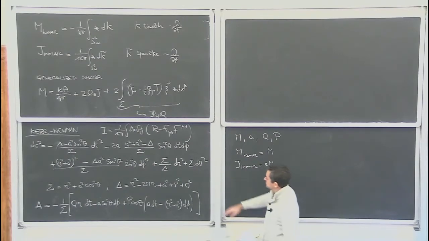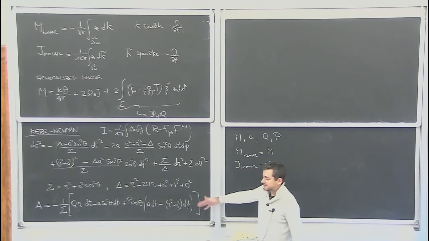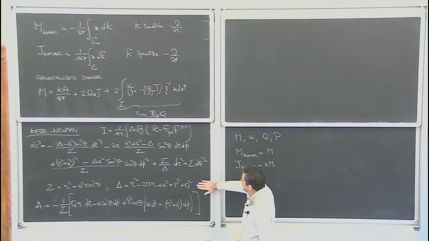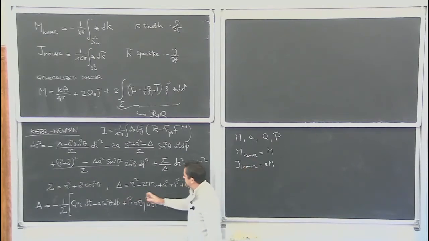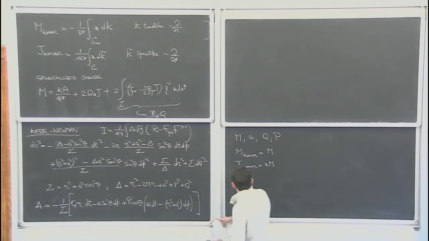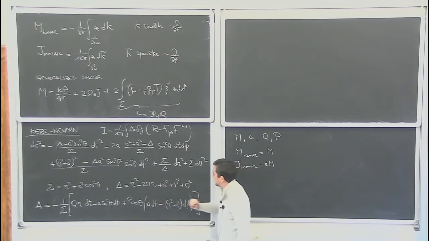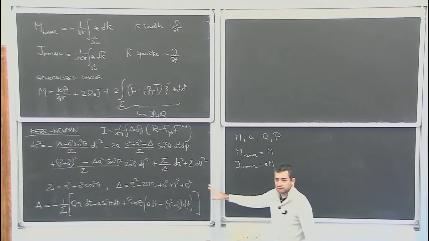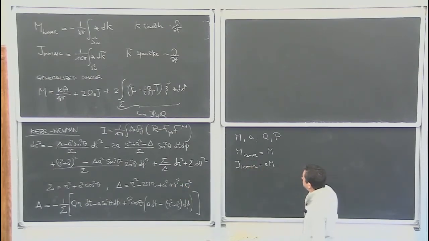Let me also check what are the zeros of this polynomial. It will be more clear in a second. So this delta depends on the parameters M, P, Q, and A. Q is the electric and P is the magnetic charge.